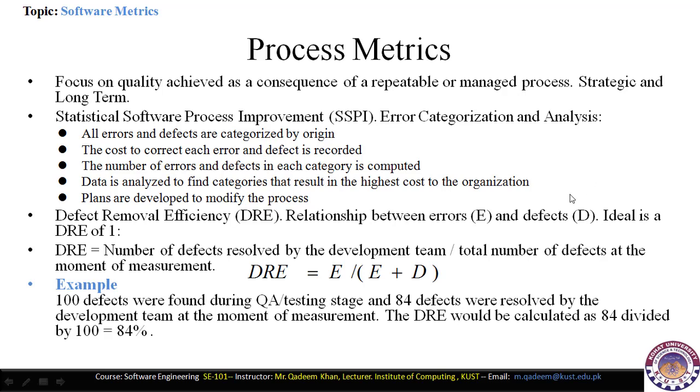So the ideal value of DRE is 1, which means that the program is of high quality. If the DRE formula gives us 1 as the output, then it means that the program is of a high standard. Now, what is DRE? DRE is the defect removal efficiency, and it is the number of defects resolved by the development team divided by the total number of defects at the moment of the measurement.